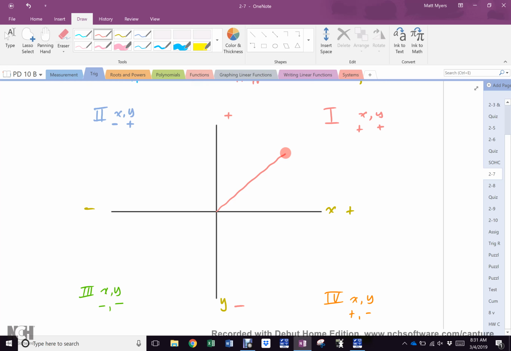No, of course not. It's just a line, right? What makes it an angle? It needs a vertex, right? Okay. So let's give it a vertex along the x-axis. Now is it an angle?